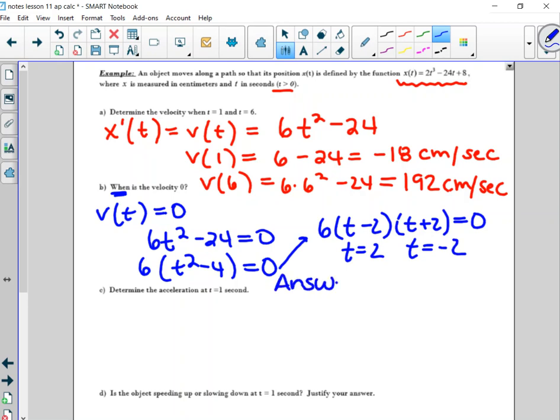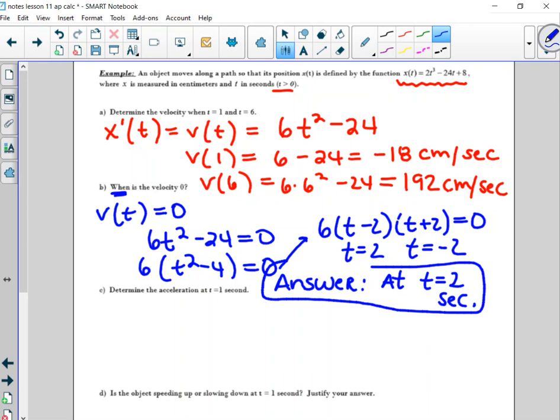But in the context of the problem, at t equals 2 seconds. t has to be greater than 0.